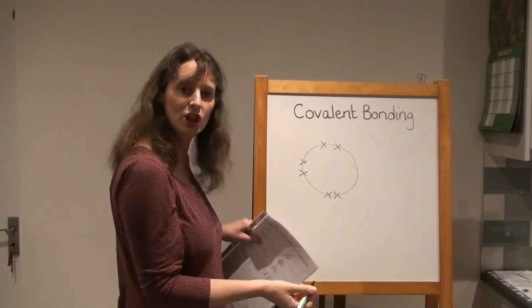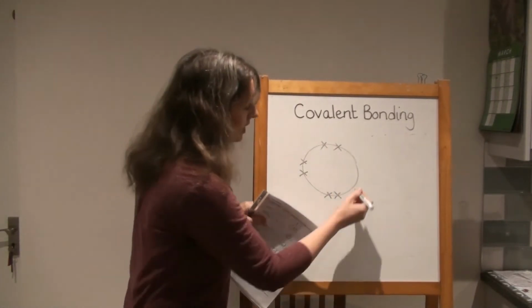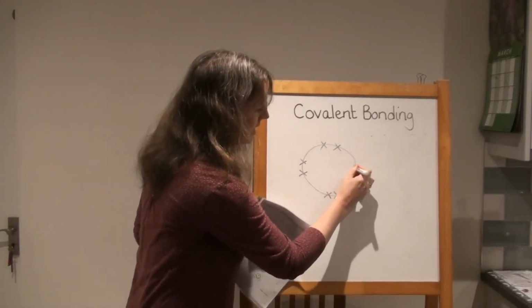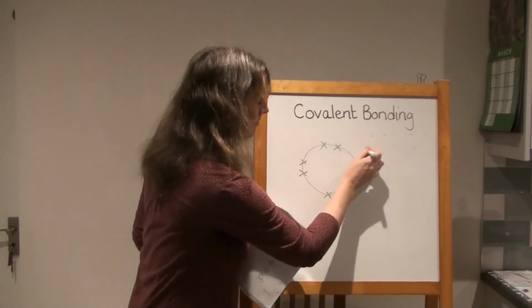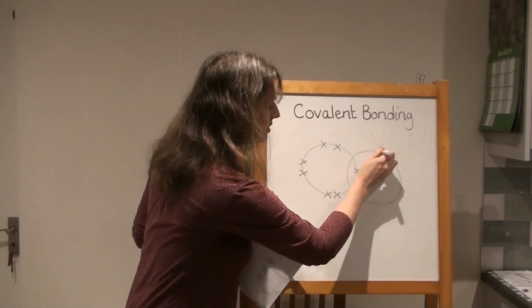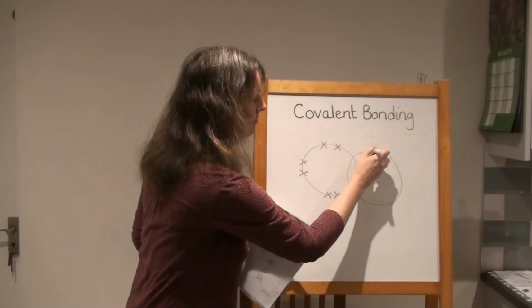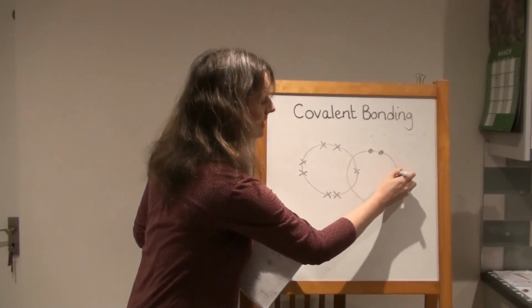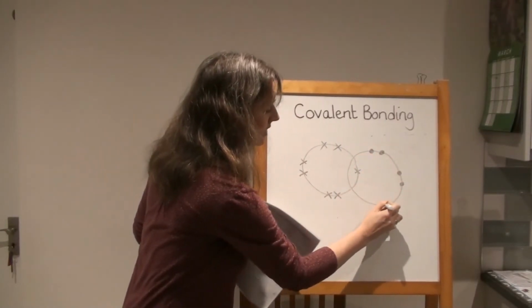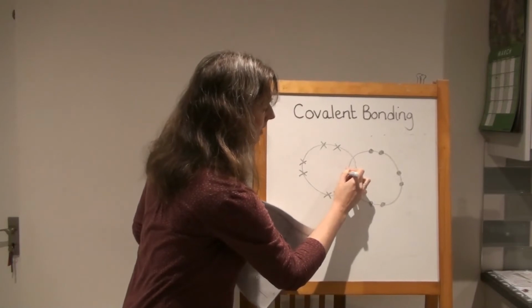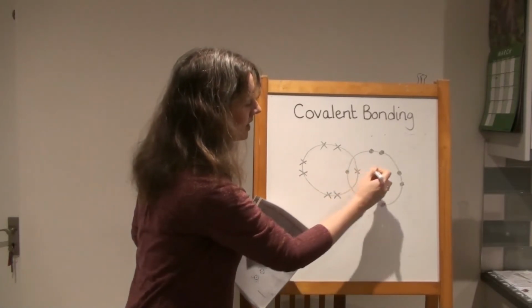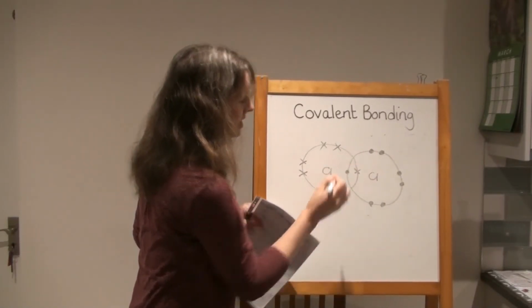So it has to share 1 to get 1 in return. So here's my electron it's going to share, and it's going to share it with another chlorine atom, which also has 7 electrons of its own, and again has to share 1 to get 1 back in return.